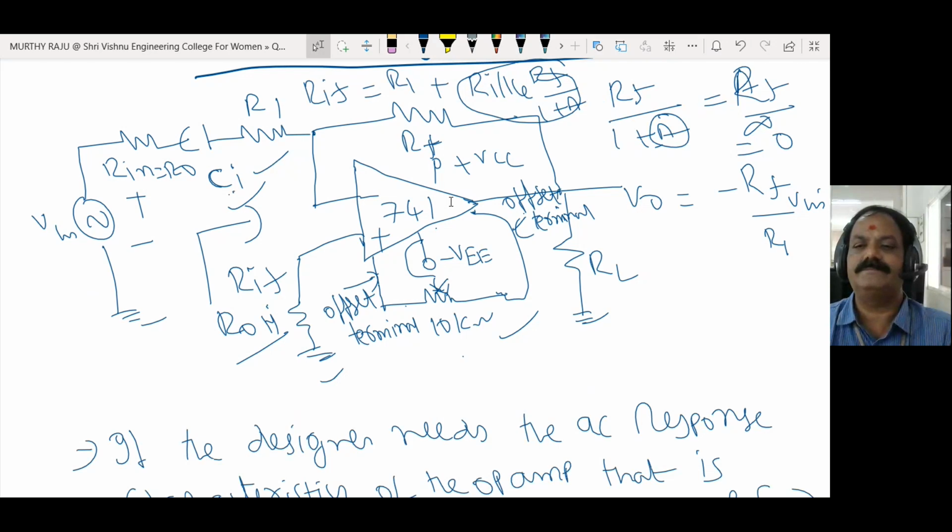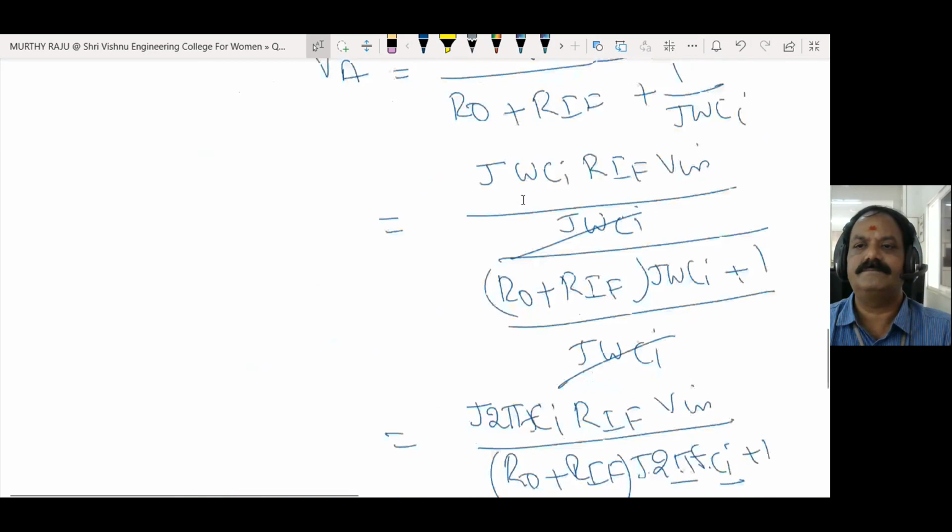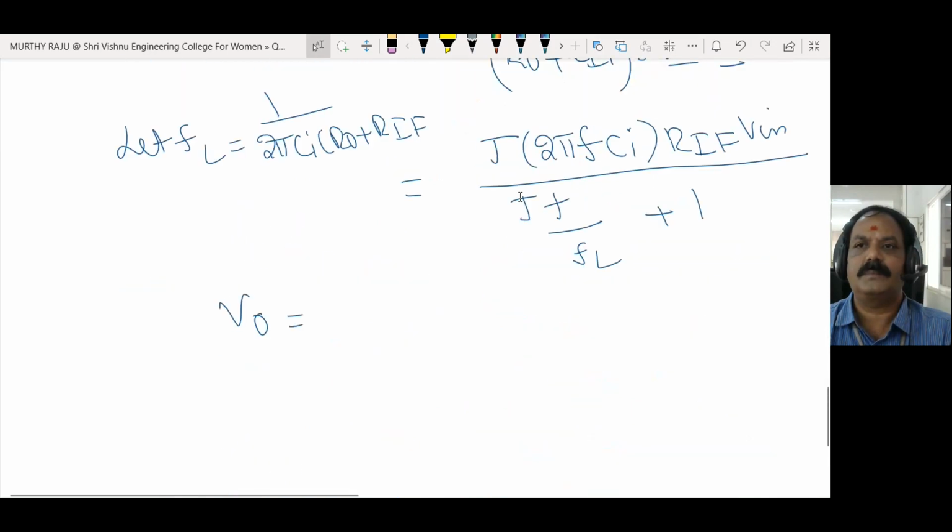V in is VA. V naught is equal to minus RF by R1 into VA.